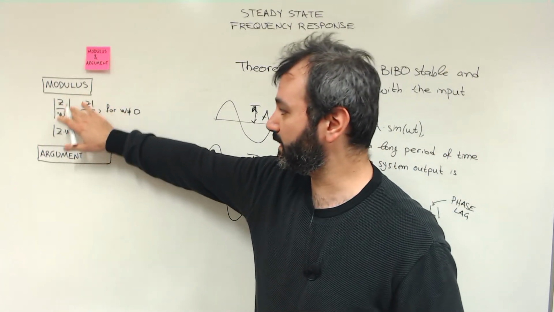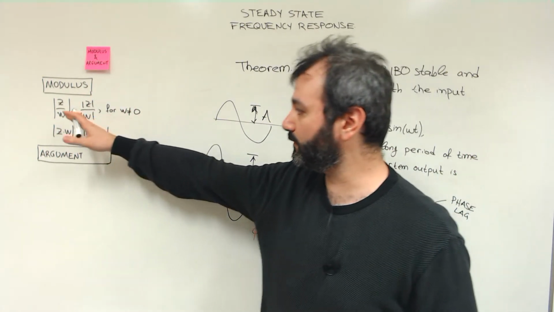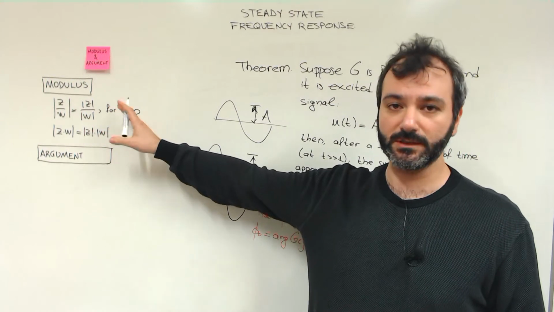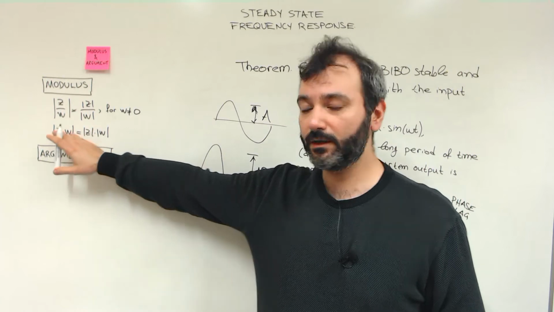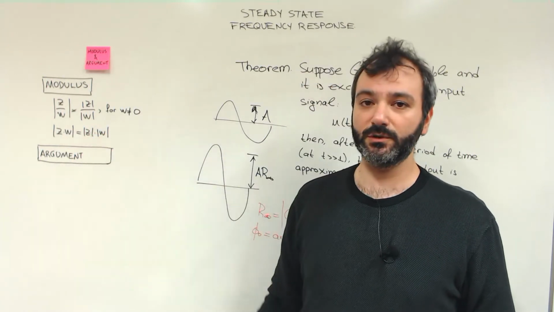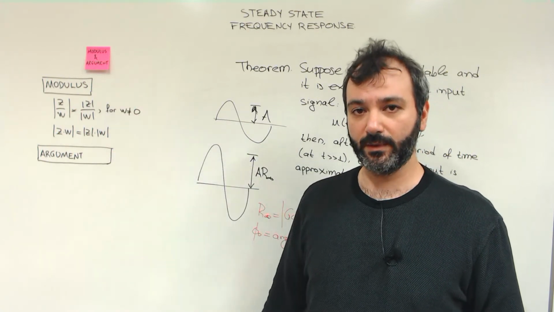So the modulus of z over w is the modulus of z over the modulus of w. Of course, for that to make any sense, w must not be 0. And secondly, the modulus of z times w is the modulus of z times the modulus of w. These are very important properties that we must keep in mind.